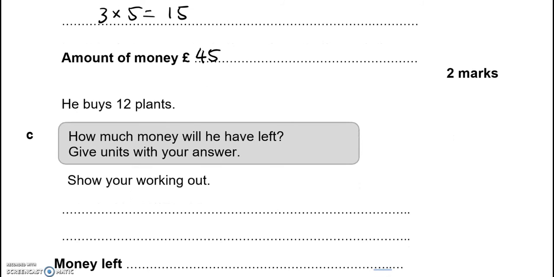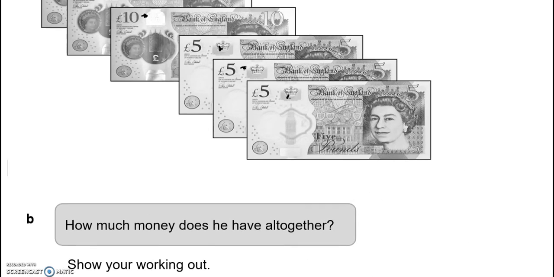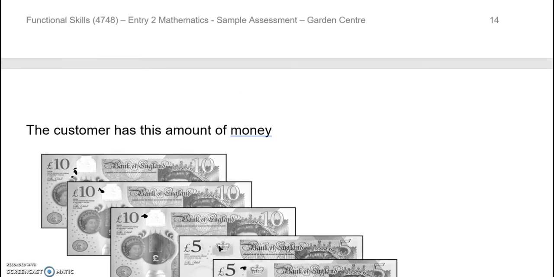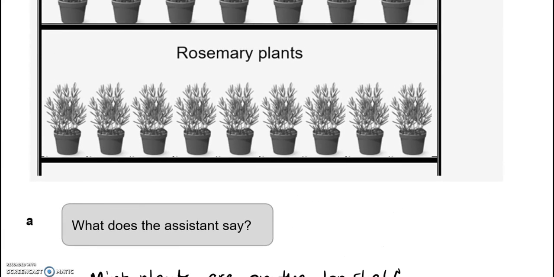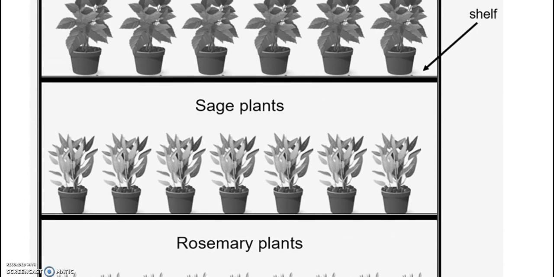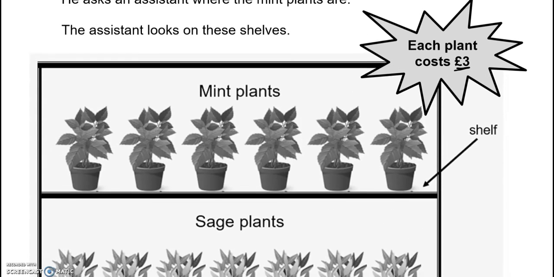He buys 12 plants. How much money will he have left? Give units with your answer, show your working out. We'll go back and check the price of the plants. Which is £3.